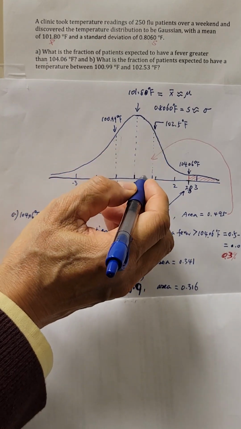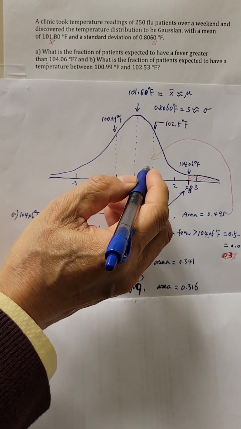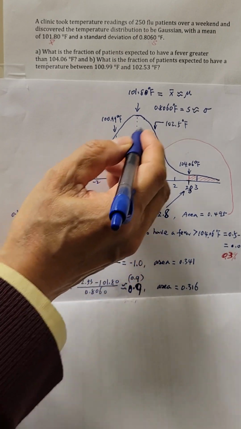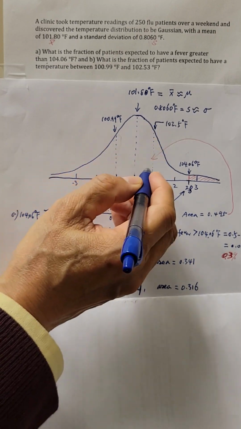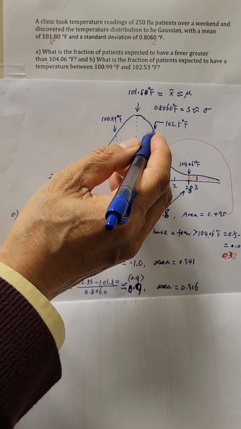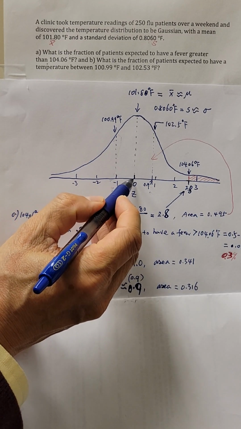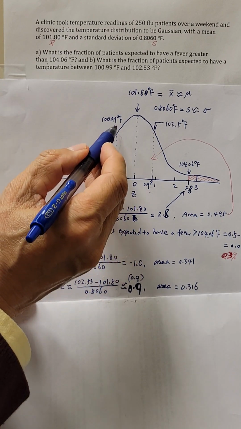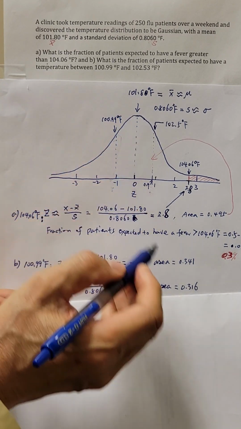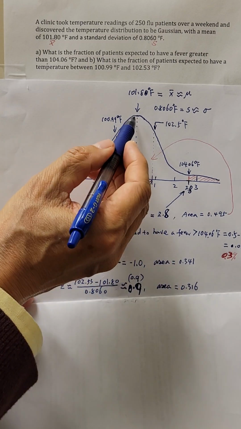Which means we are talking about this entire area, from here to here to here to here. On the left-hand side, this part is 0.341.